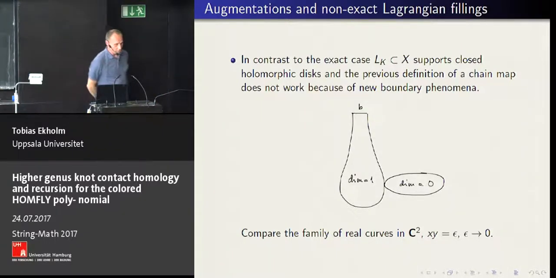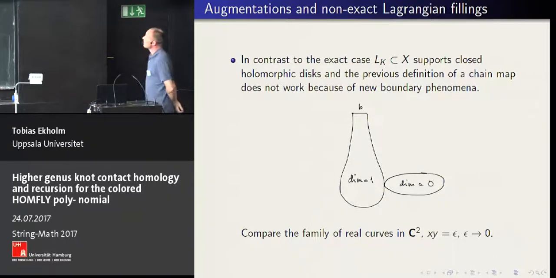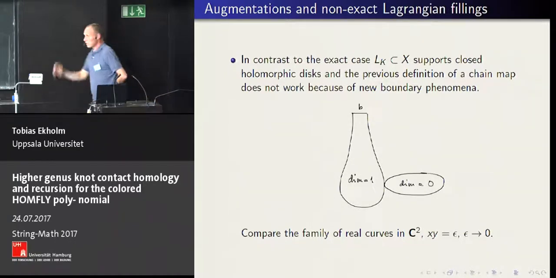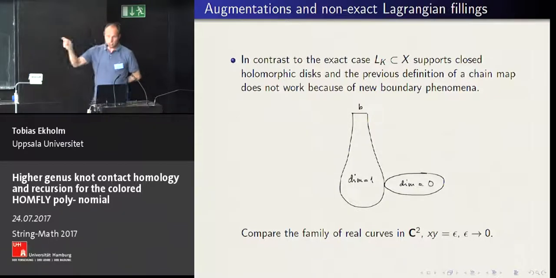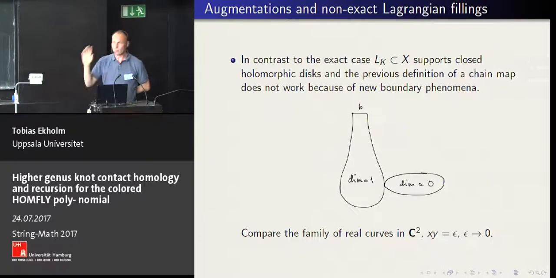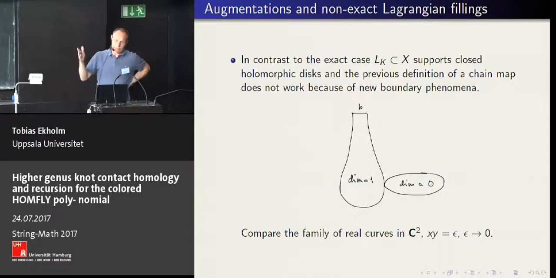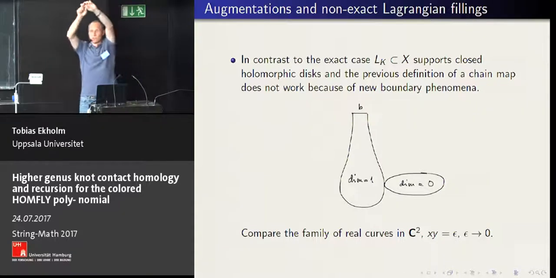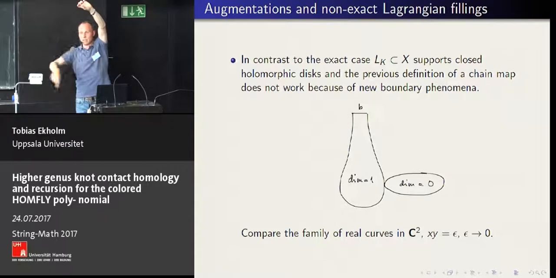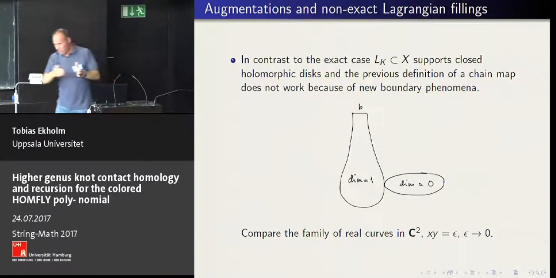Now, the point is that LK living inside X certainly does support holomorphic curves, holomorphic disks without positive puncture. And therefore, our argument will somehow fail. So we try to look at this one-dimensional moduli space with one positive puncture stretching down along LK, and we move it in there.